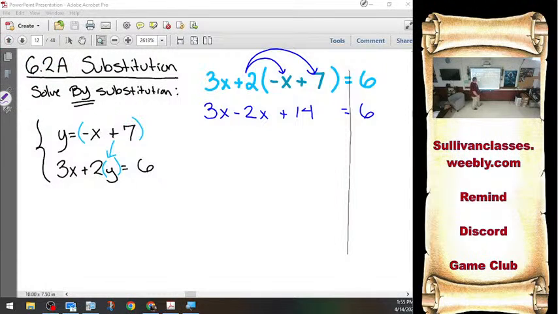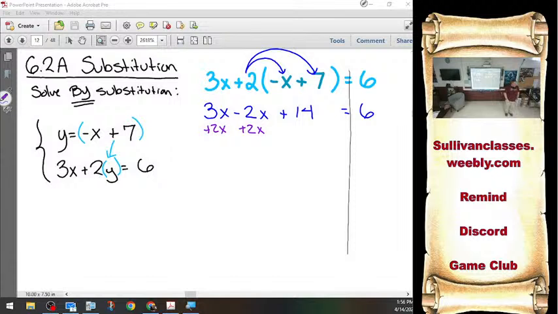Some kids, I will still see this over and over, they'll try to do this. Okay? We're so used to solving one variable equations where it's only one or two steps. You got to remember that equation is a balance. You just said add 2x. Add 2x again to that side.